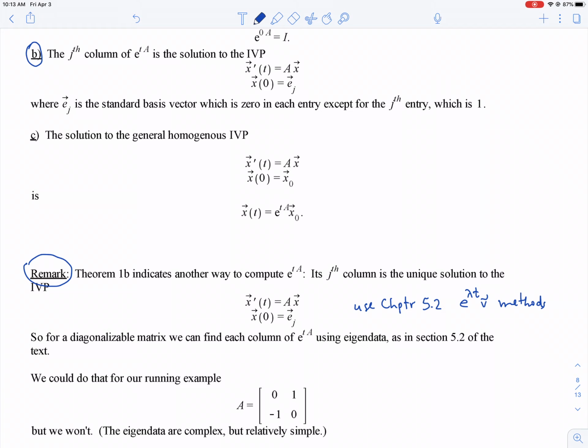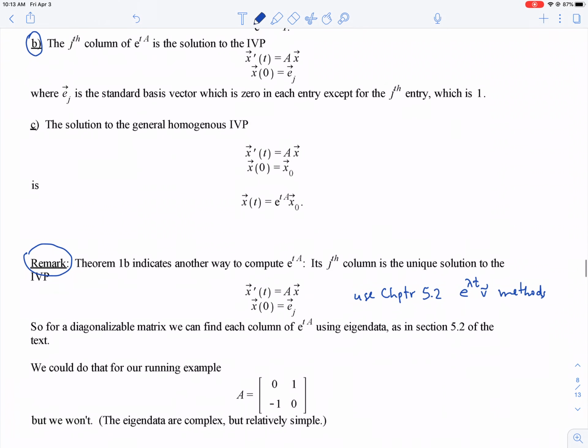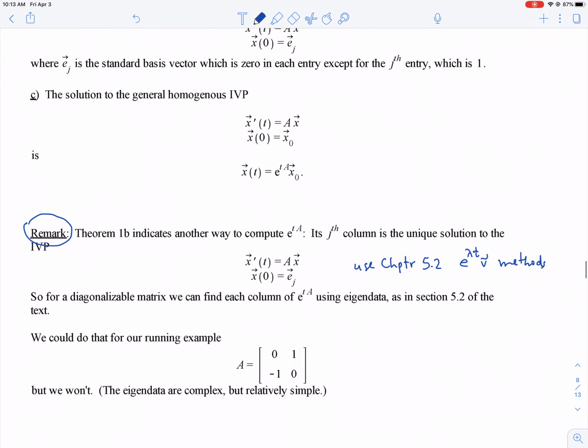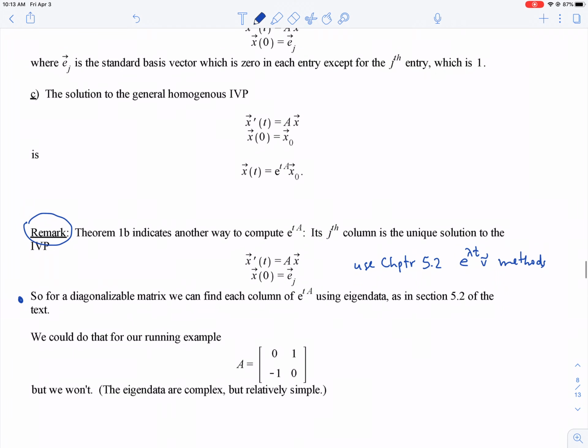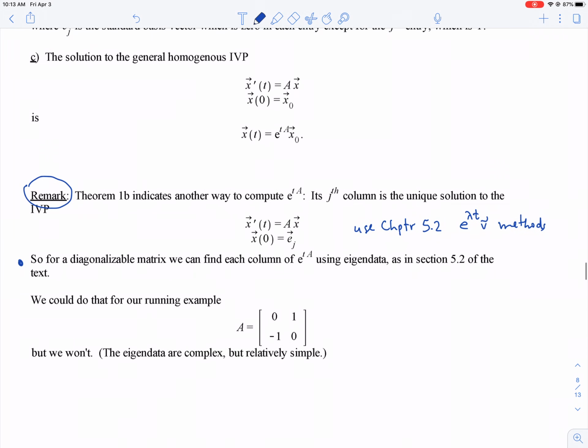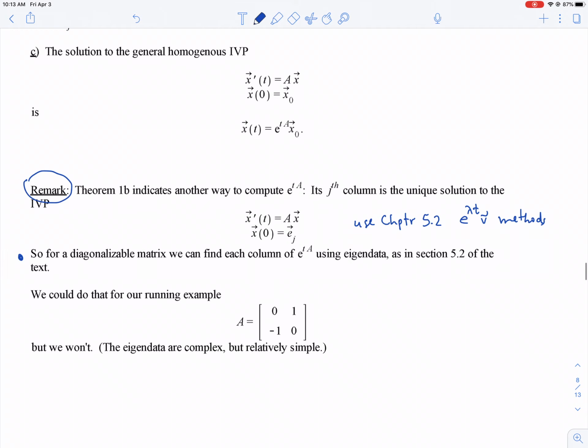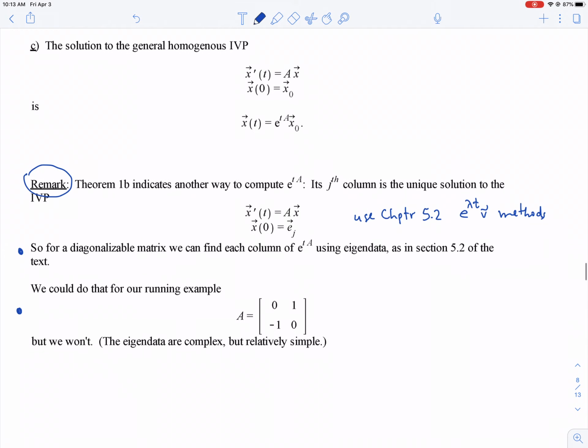So you could use that material to solve all n initial value problems, x prime equals Ax, x of 0 equals e_j, and those would make the columns of e to the tA. Okay, that's not the best way to do it. Well, we actually kind of are thinking of going in the reverse direction. Since it wouldn't be the best way of doing it, I won't do it that way.